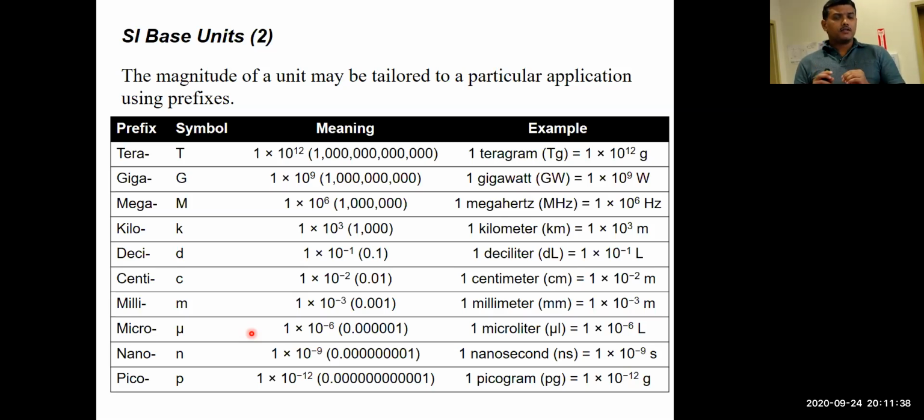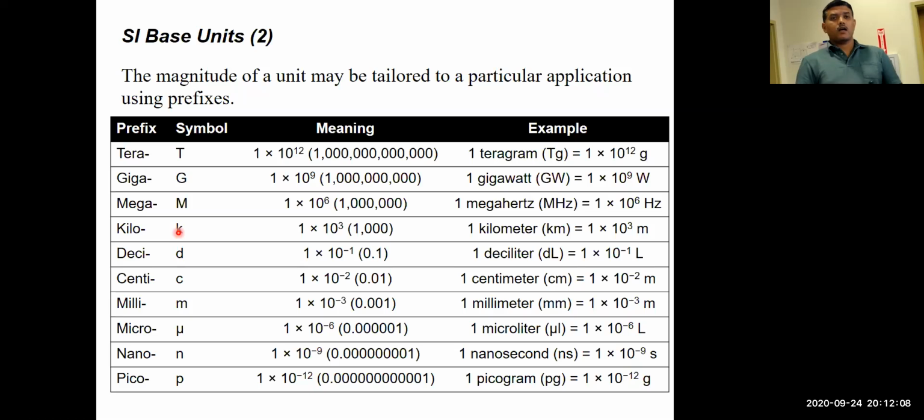In comparison to these base units, if you use prefixes such as tera, giga, mega, kilo, deci, centi, milli, micro, nano, and pico, you can tell whether that new unit is bigger or smaller than a gram.